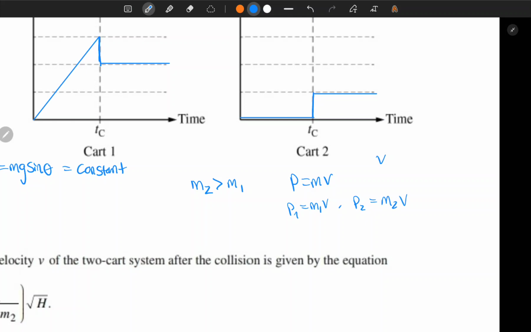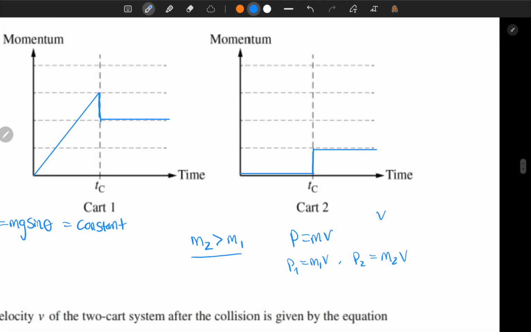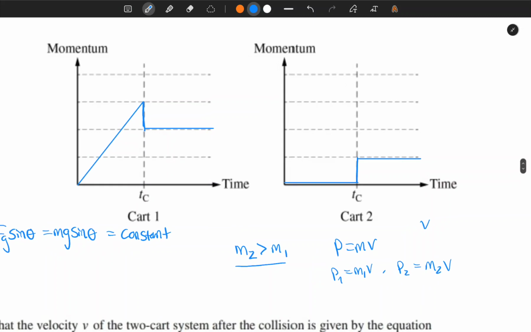So they have the same velocity, but m2 is greater than m1. So the momentum for cart 2 should be greater than the momentum for cart 1 after the collision. Here we see that the momentum after the collision for cart 2 is not greater than that for cart 1. So this is incorrect.